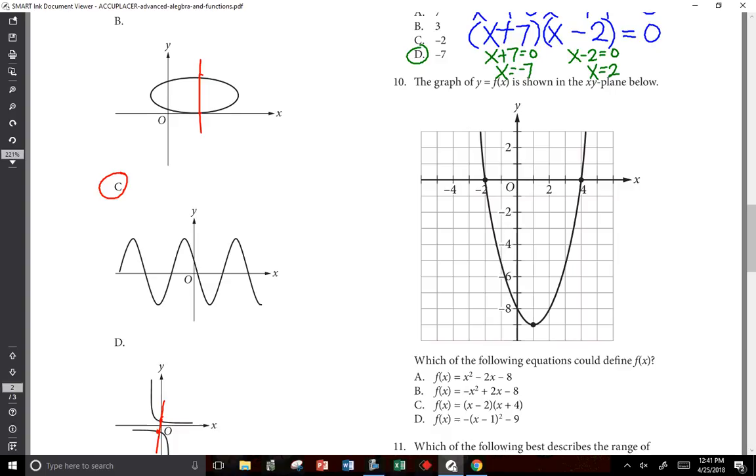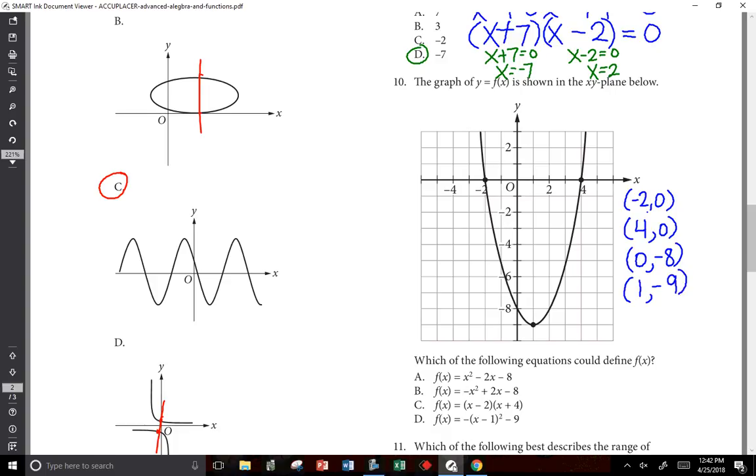So plugging in negative 2 for x, just kind of talk through it with me. Negative 2 squared would be positive 4. Do y'all agree with that? And then negative 2 times negative 2 is positive 4 again. So you have 4 plus 4 is 8, and then 8 minus 8 is 0, so it works for the first one. Okay, 4 squared is 16, minus 2 times 4, so 16 minus 16, I messed up somewhere. Let's see. 4 squared is 16, and then 2 times 4 is 8.